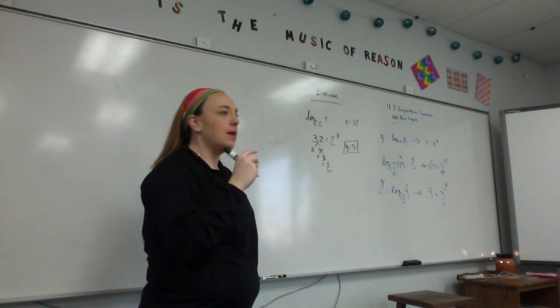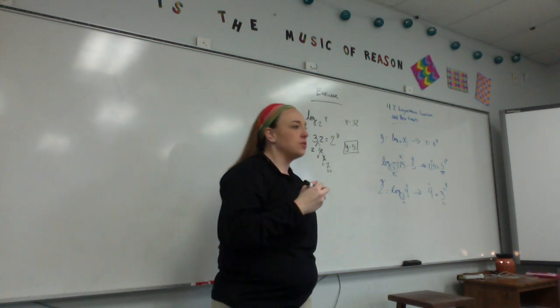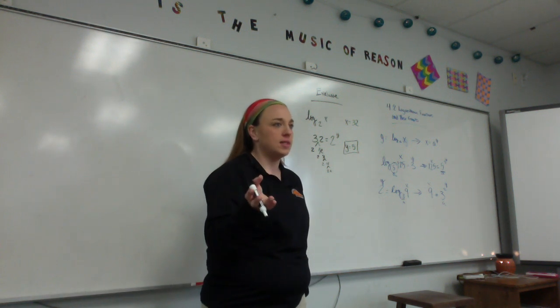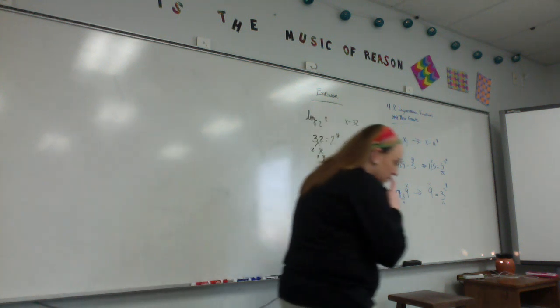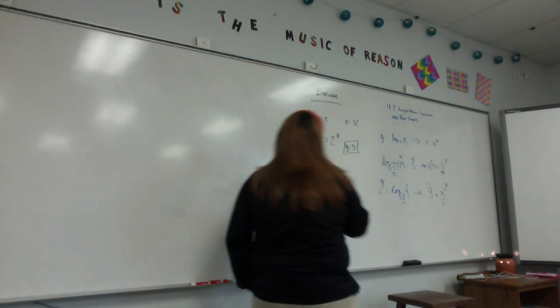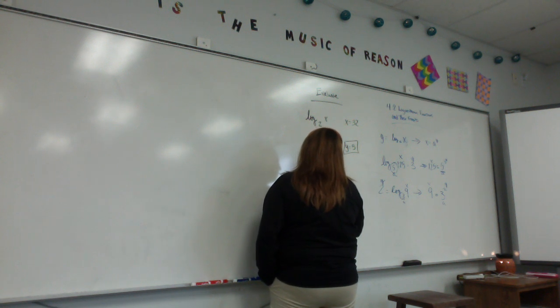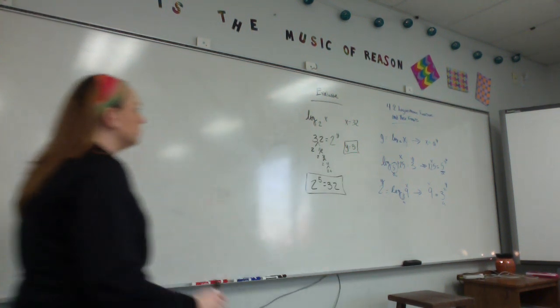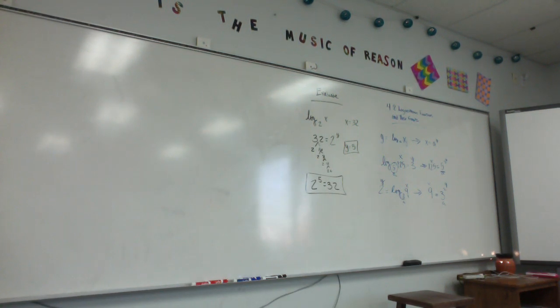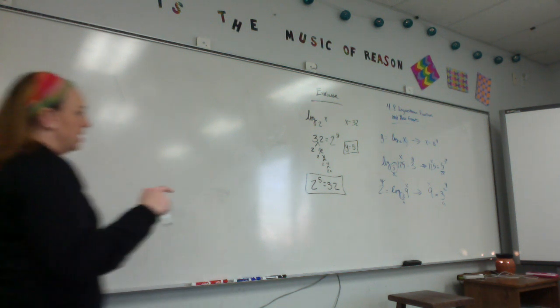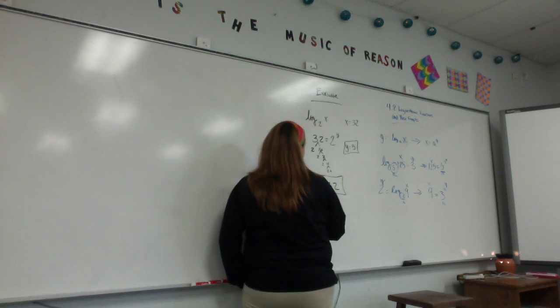They want to know what power or what is the missing factor, because it might not always be the power that's missing. So you would rewrite it as 2 to the 5th equals 32, and this is how they want you to write your answer. When it says evaluate, I'm looking for the one thing I don't have, whether that's my base, my x, or my y, and then putting it into that form.